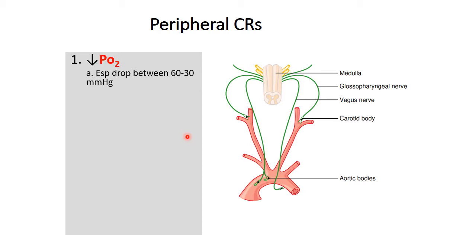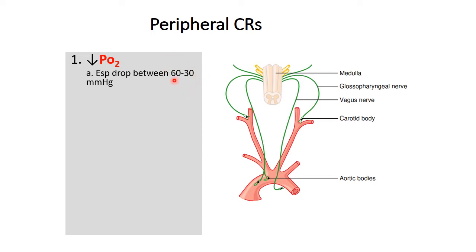The first thing is PO2. This is where oxygen comes in. So a drop in PO2. But you will notice a peculiarity as well. If you remember, the normal value of arterial PO2 is around 95 mmHg. We round it off to 100, right? But what is this here?